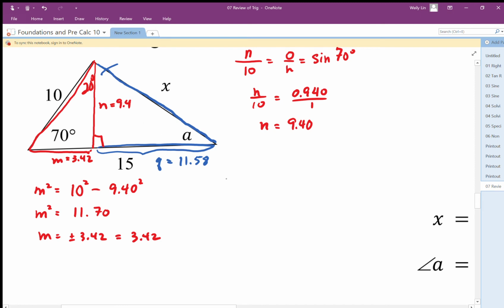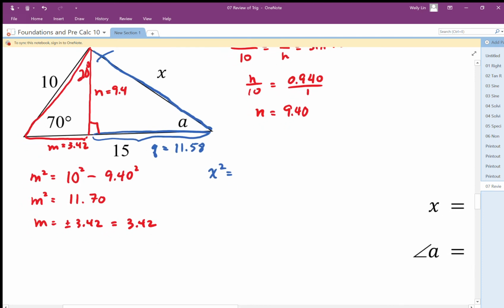I'm going to calculate X first using Pythagoras. So X squared is equal to 11.58 squared plus 9.40 squared for the other side. I end up with X squared equal to about 222 point something.